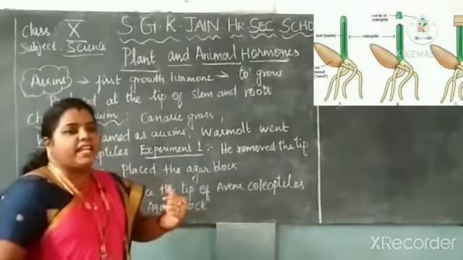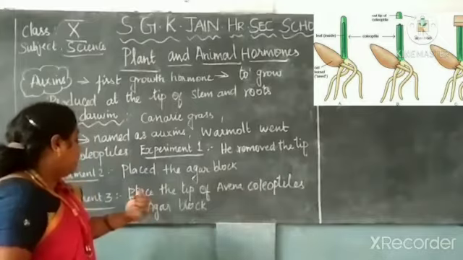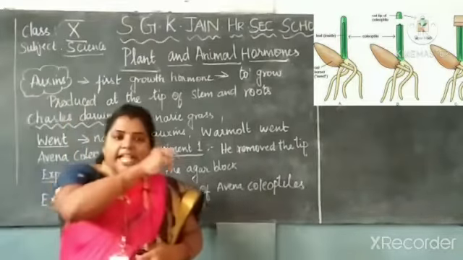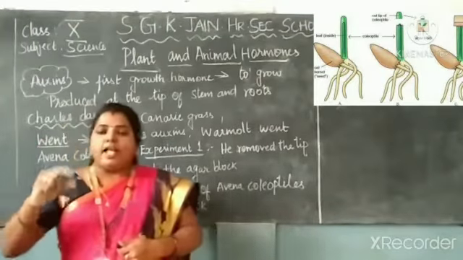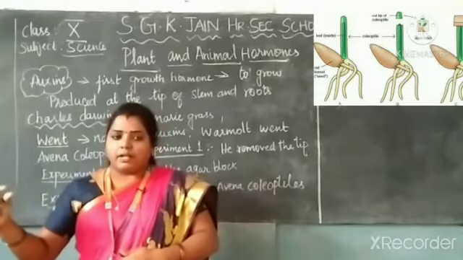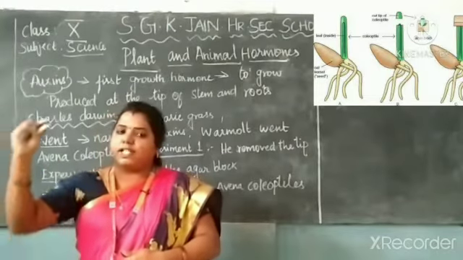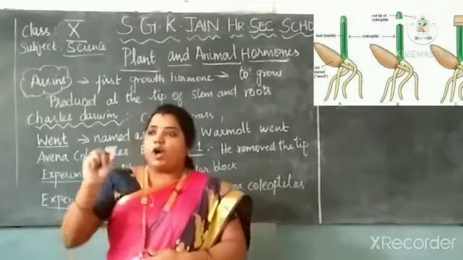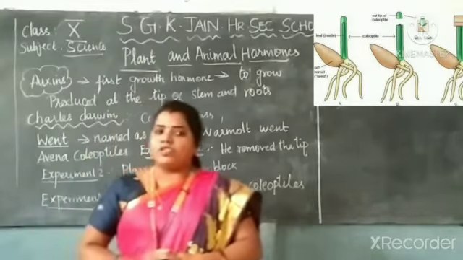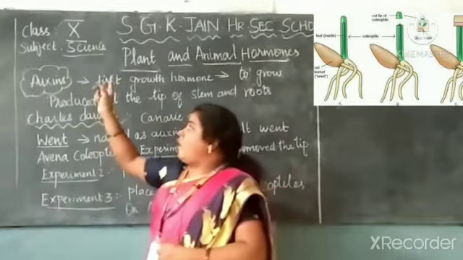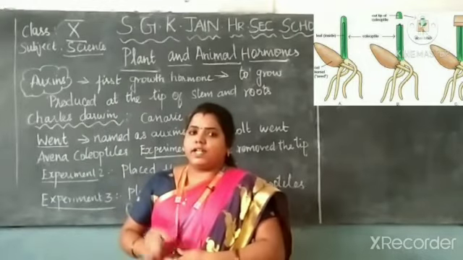And next, finally he made an experiment. He took the agar block from the plant. The tip which was cut down, he placed it over the agar block, because what kind of hormone is present in the tip? Auxin is present. What is the nature of auxin?